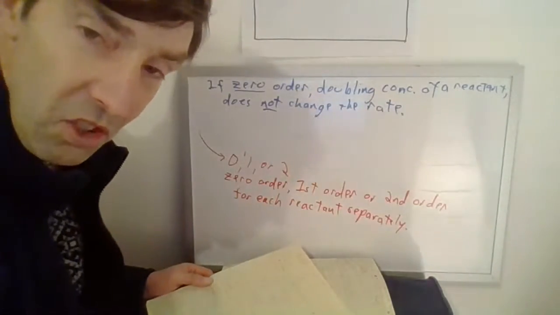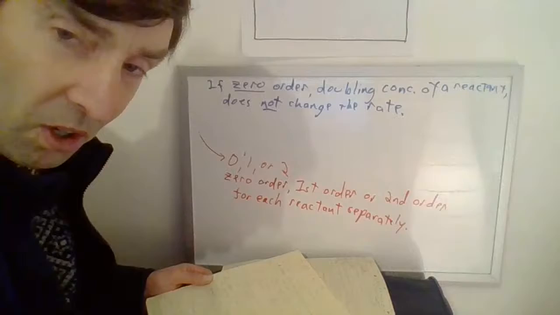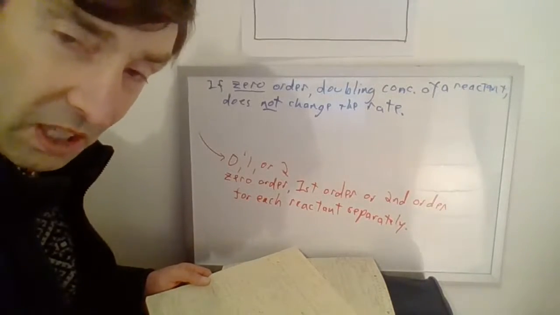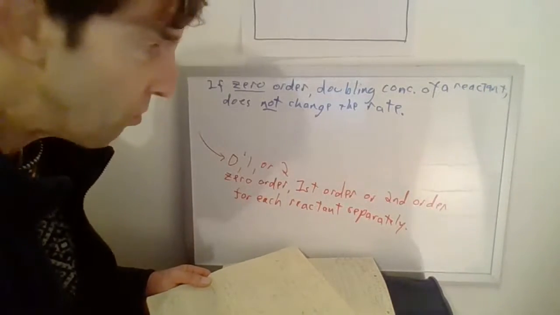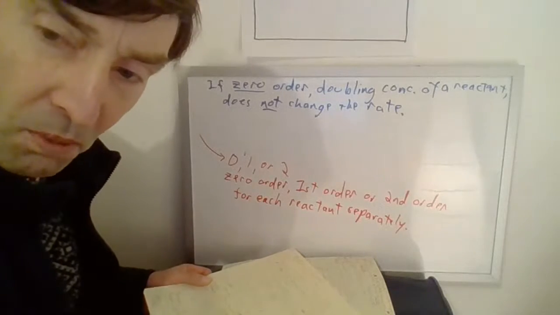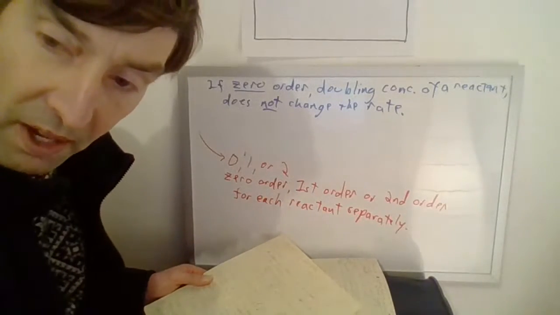It doesn't mean the reaction stops. It means it keeps going, but it doesn't go any faster or slower. It keeps going at the same rate. And whether I have 1 molar, 2 molar, or 3 molar just doesn't really matter.